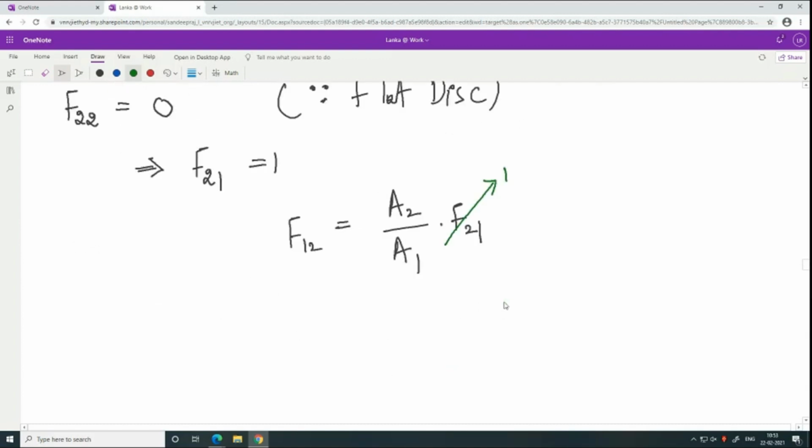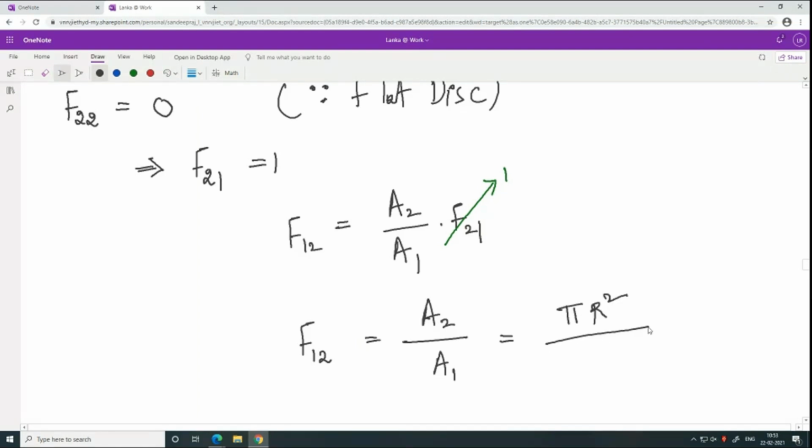So simply put, F12 is the ratio of areas, A2 by A1. So tell me what will be the area of 2? What will be the formula for the flat disk area? It's a circle area. Simply you can put pi r square.